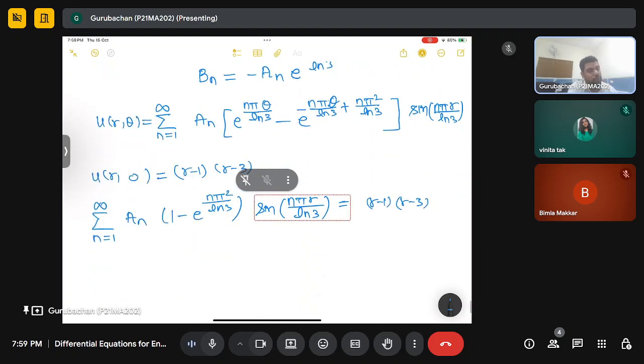As I told you, we have to multiply by 1/r and use the orthogonal property.